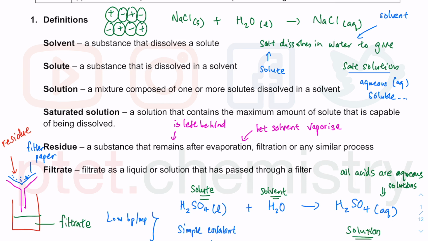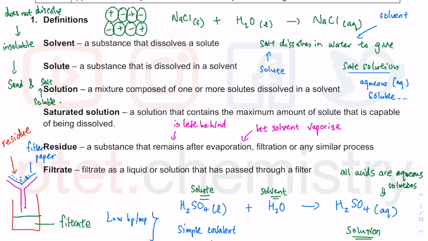For example, if you have sand and you have salt, such as NaCl, sand is insoluble in water, it does not dissolve in water. Insoluble means does not dissolve, whereas salt obviously dissolves because it is soluble. So we'll get a salt solution, and we'll come across different techniques later on to try and separate out the salt from the water.